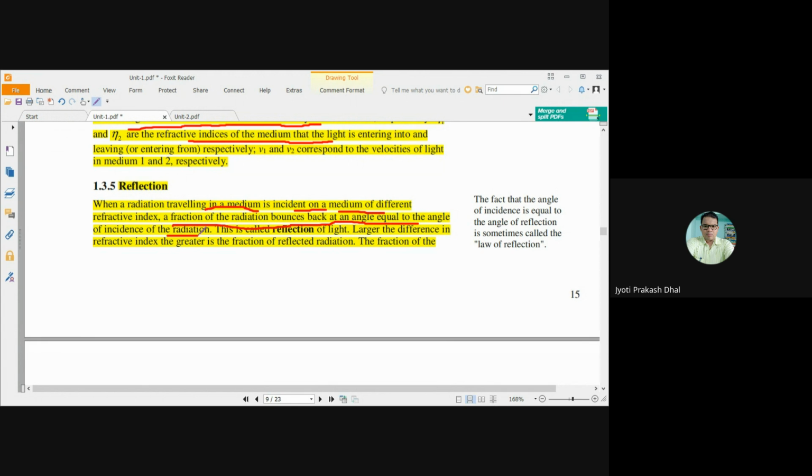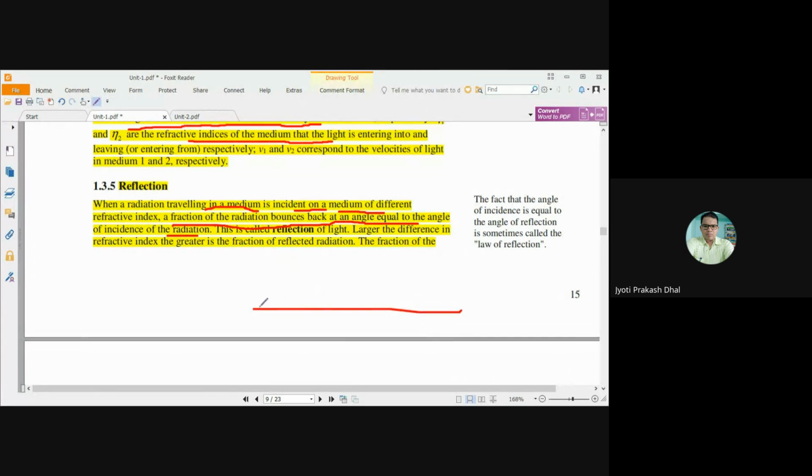Suppose an electromagnetic radiation travels in a particular medium and is allowed to travel into another medium. When it enters the other medium, all the electromagnetic radiation will not pass through it. A fraction of the radiation bounces back at an angle equal to the incident angle.